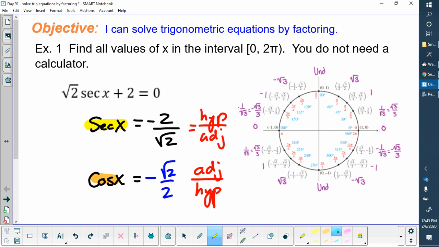Once I have sine, cosine, or tangent all by themselves, no squared, now it's unit circle time. So I am looking for negative square root of 2 over 2 in the first position. I notice it's going to be right here, and then it's going to be over here. So I have 2 answers in this scenario.